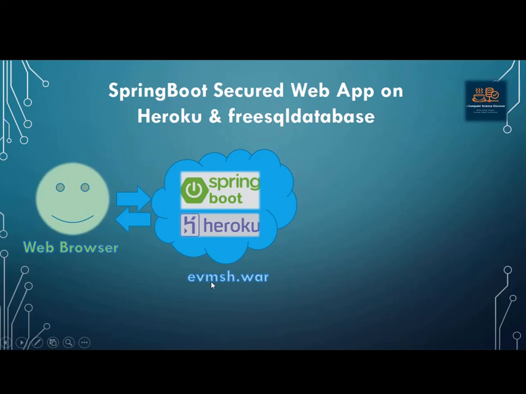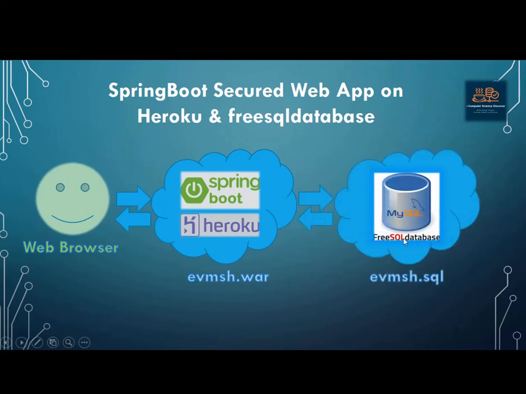The WAR stands for Web Archive. If you're familiar with the Java web development stack, you know what that is. It's just a packaged zip file that has the right specification for a web application. Then the web application, if it interacts with the database, which it will in our case, will connect to this free MySQL database, which we're going to actually create with some SQL script. So that's basically how it's going to look.